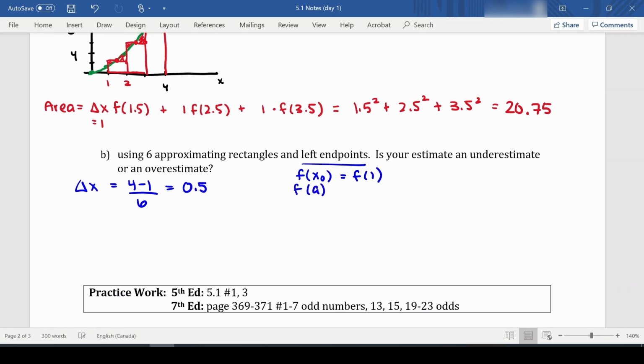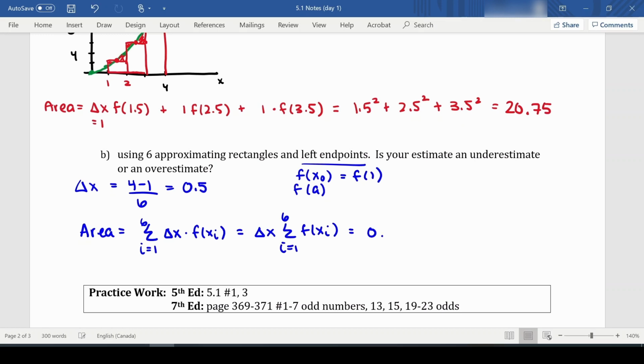So this should also be f of a. When I do my area, I should have area equal to the sum from i equals 1 to 6, because there are 6 rectangles, of delta x times f of xi.